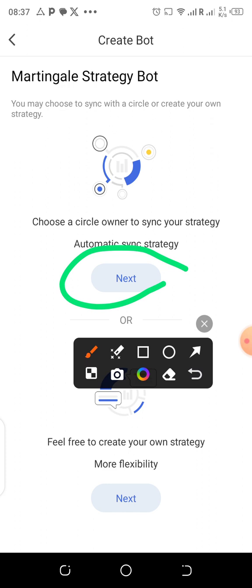Another next is saying, feel free to create your own strategy, more flexibility. So let's go on the second next. We want to trade using our own strategy. We want to avoid that 5%.